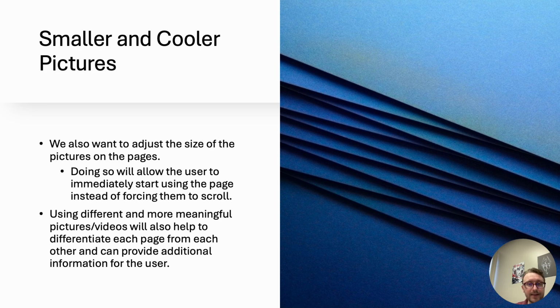So we want to make the pictures a bit smaller, maybe make them flow through some kind of photo album so they can showcase multiple different things simultaneously in the same spot. But the point of using a smaller picture is to make it significantly easier for the person to directly interact with the web page virtually immediately, as opposed to forcing them to scroll down in order to actually use the thing that they are trying to work with.